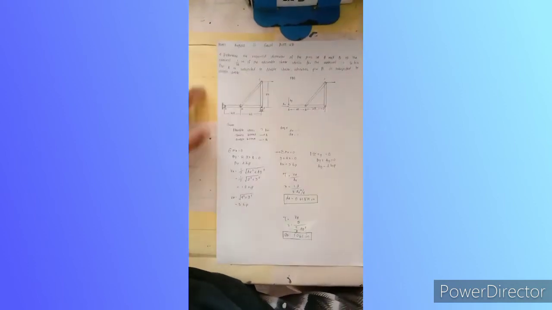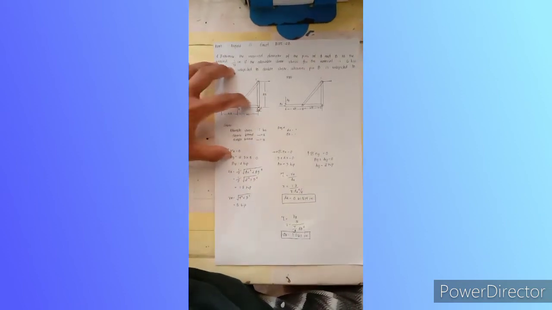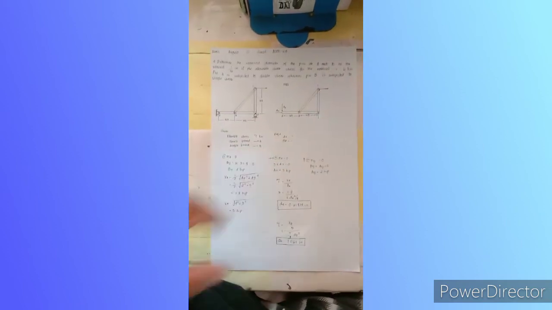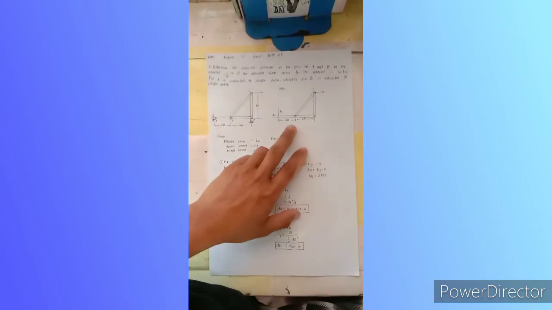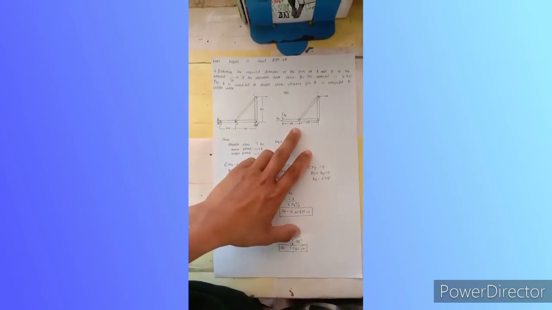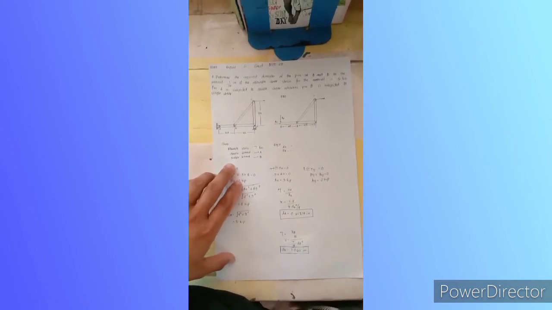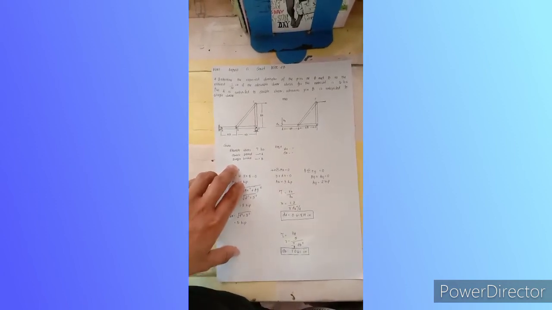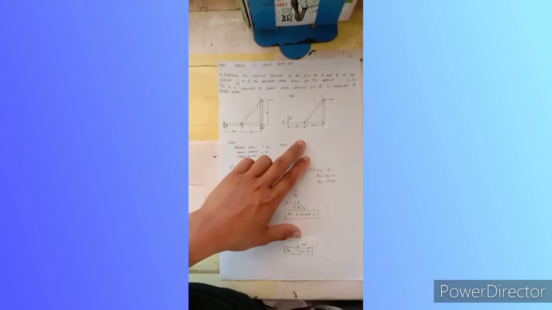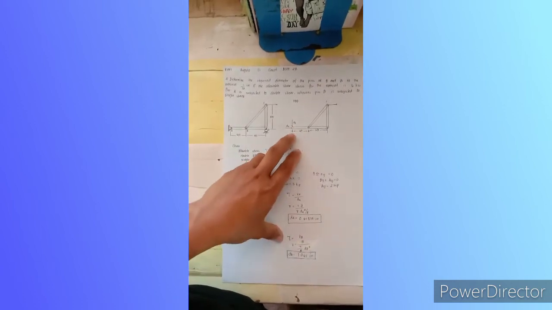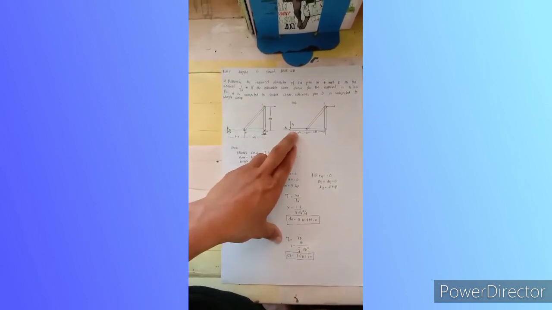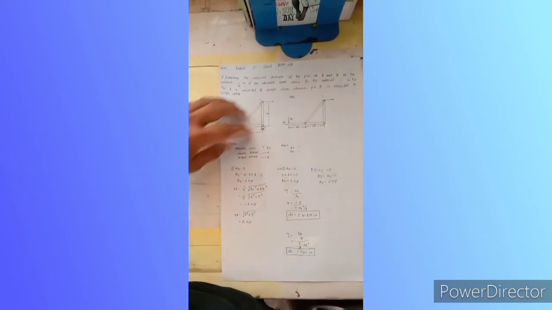So, dito, first una natin gagawin, for easy to understand the given, gagawa tayo ng free body diagram. So, we have the given Ay and Ax. So, our free body diagram.